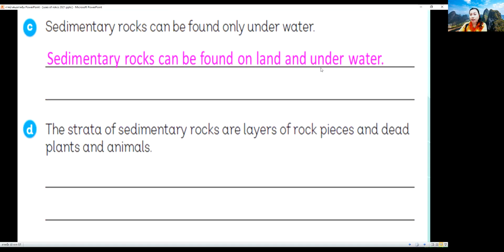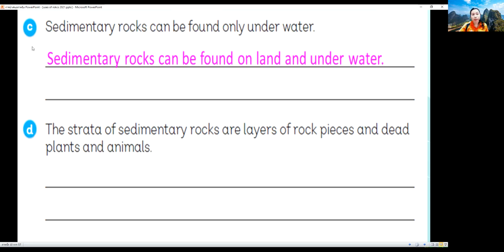So this makes the sentence wrong because there is no land in here. So remember, sedimentary rocks can be found on land and underwater. For letter D, the strata or the composition of sedimentary rocks are layers of rock pieces or the small pieces of rocks and dead plants and animals. This one, letter D, is correct, okay?